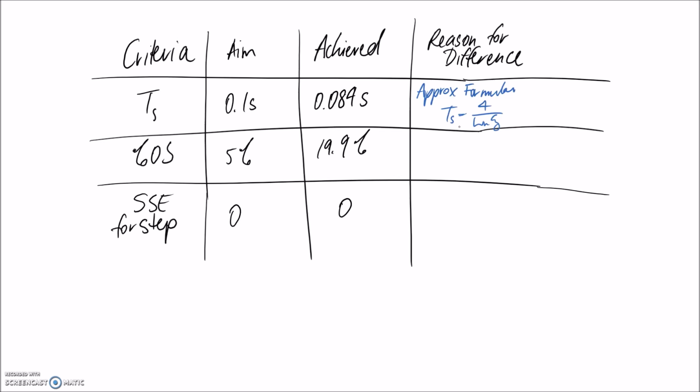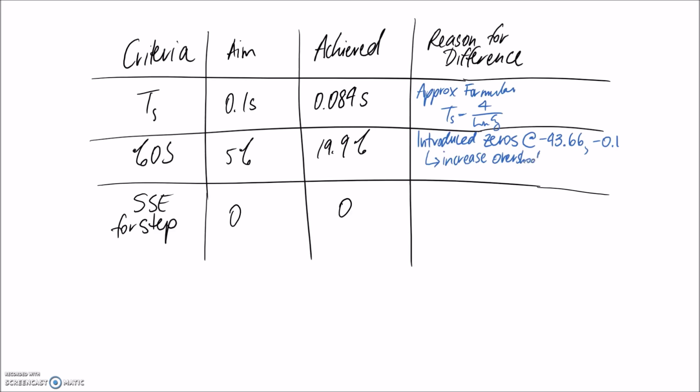So as a result, you're going to introduce a little bit of error from that. So the next one is the percent overshoot, and we saw that we had quite a big difference here. So the main reason for that is because we introduced zeros. And we had two of them. One we introduced at negative 43.66, and the other one I chose to put at negative 0.1. So the effect of introducing zeros means that you increase your overshoot.